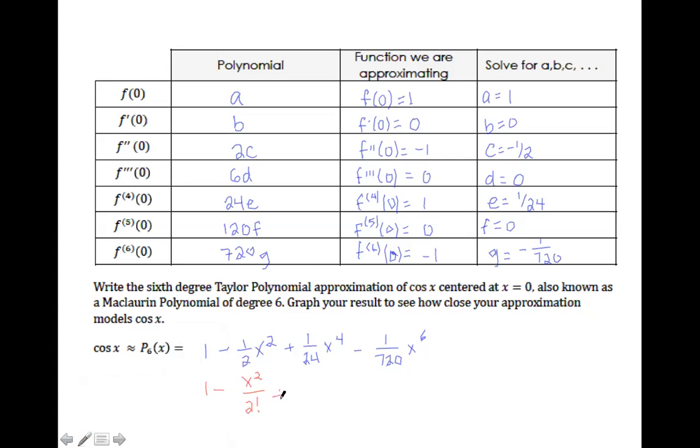This term is x to the 4th over 24, which I can write as 4 times 3 times 2 times 1, otherwise known as 4 factorial. And our last term is x to the 6th over 720, which you probably have guessed is 6 factorial. All right, so that's no surprise. That's the way these are going to look when we do our approximations.